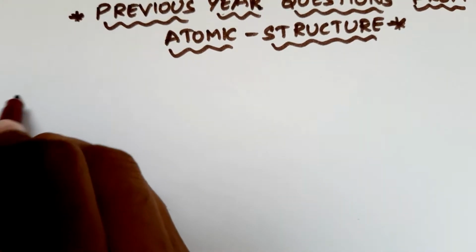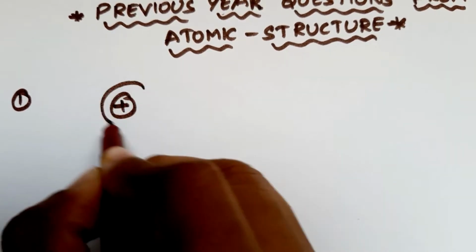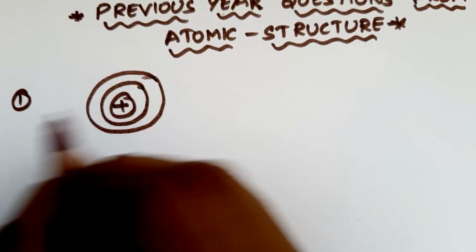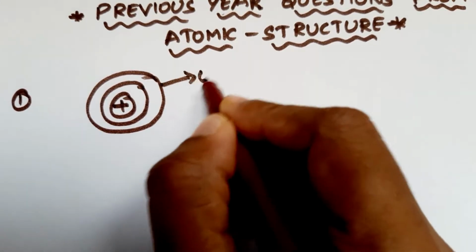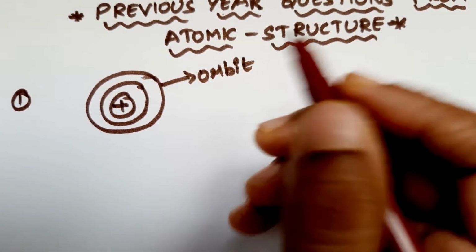Suppose, for example, this is a nucleus. Around the nucleus some electrons are revolving. This part is called an orbit.